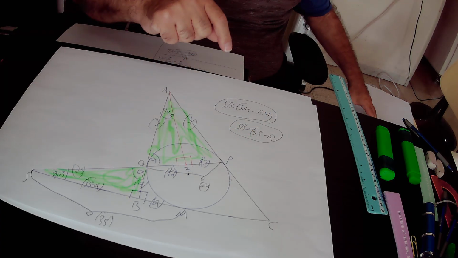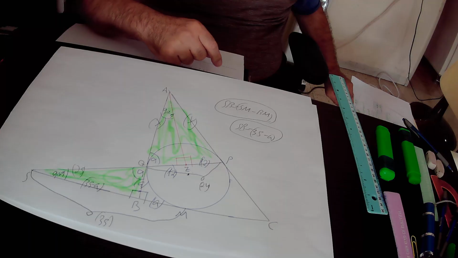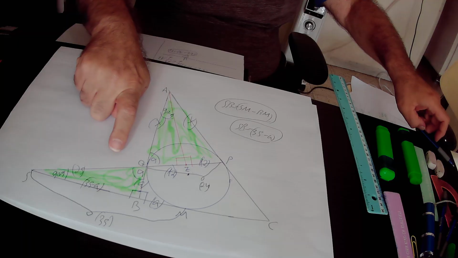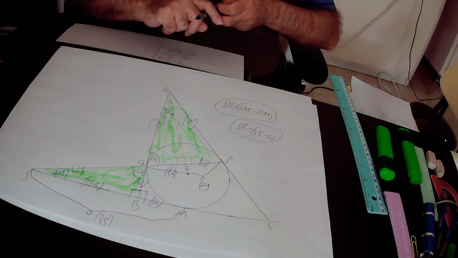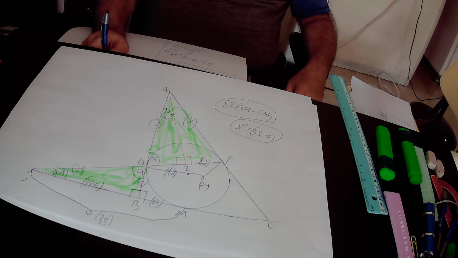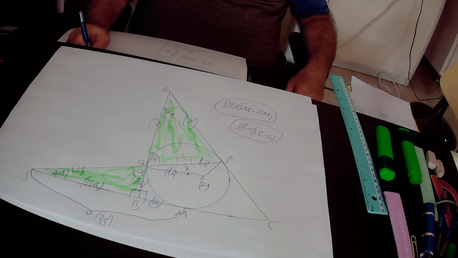So, okay, now if you found out that this right green triangle QBS is similar to this big green right triangle AQZ according to the angle similarity rule.